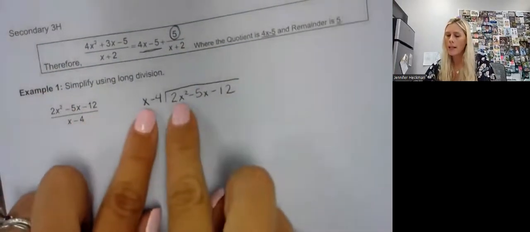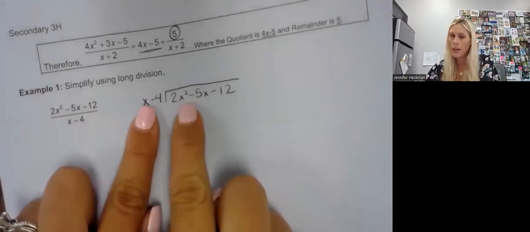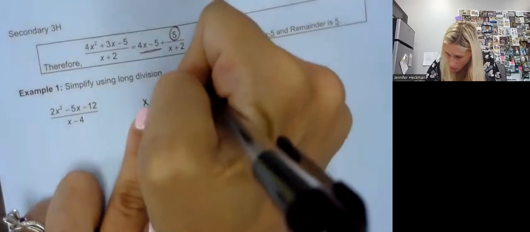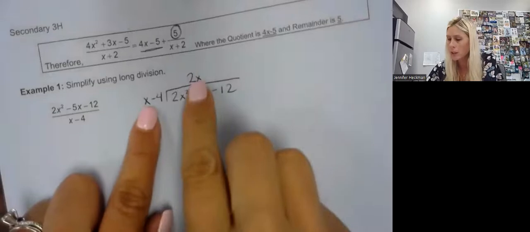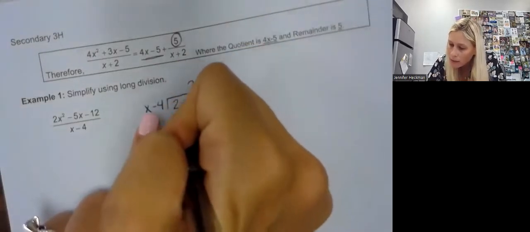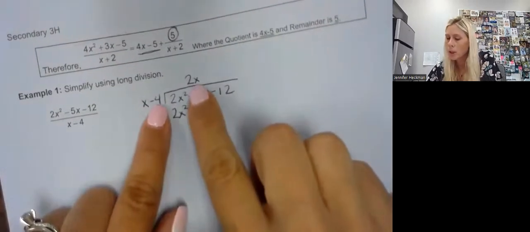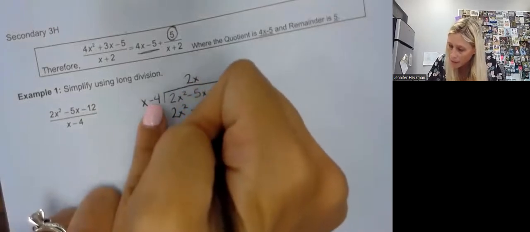Now again, I ask myself, what do I multiply x by to get to 2x squared? Well, that would be 2x. And I can double check by going 2x times x is 2x squared. And I got to multiply all of it though. 2x times negative 4 is negative 8x.